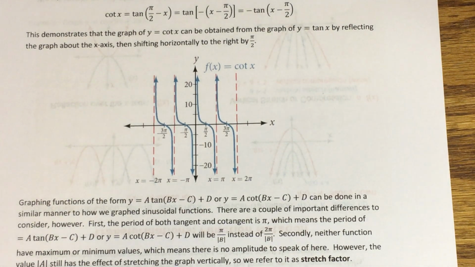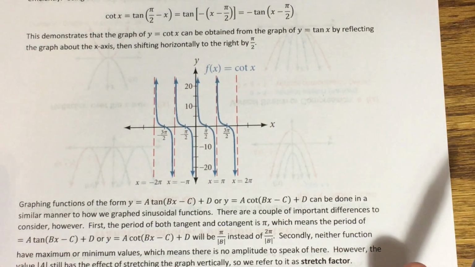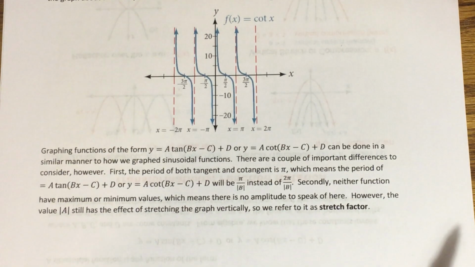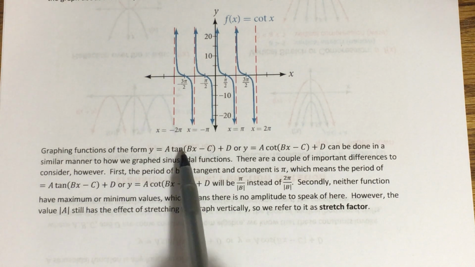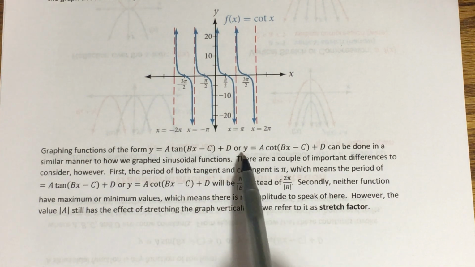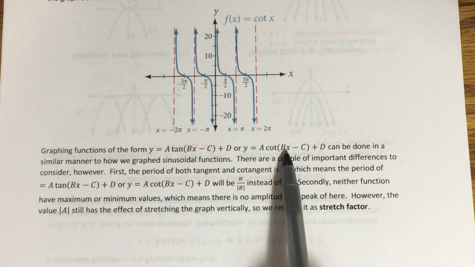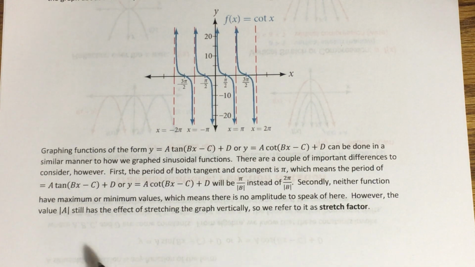Okay? So with that knowledge of the tangent and cotangent graphs, we can now start looking at transformed versions of those graphs. Specifically, if I want to graph functions of the form y equals a tangent of bx minus c plus d, or y equals a cotangent of bx minus c plus d.